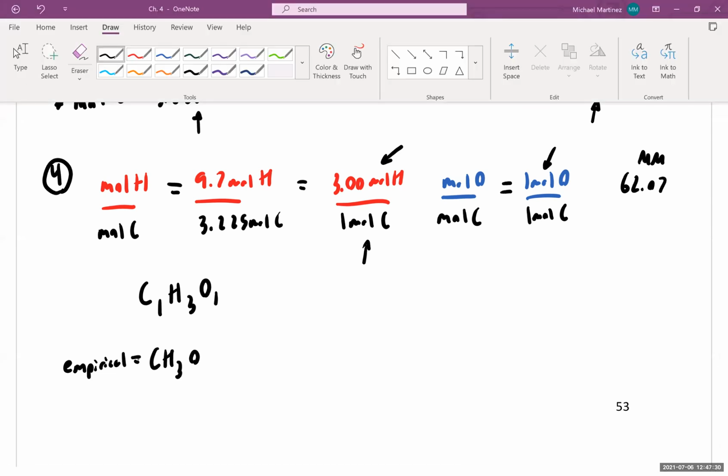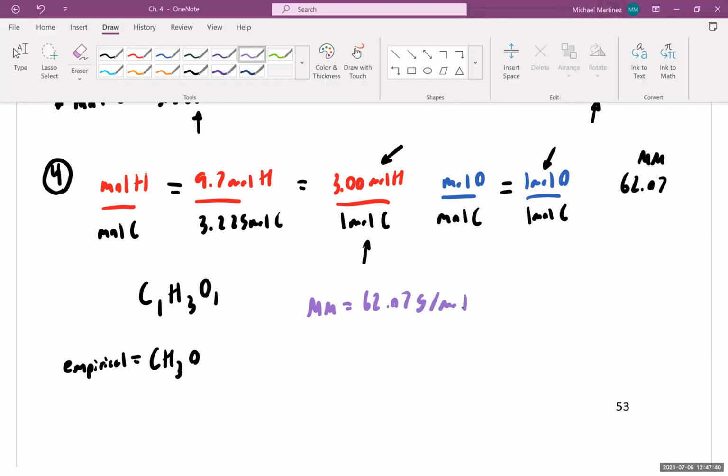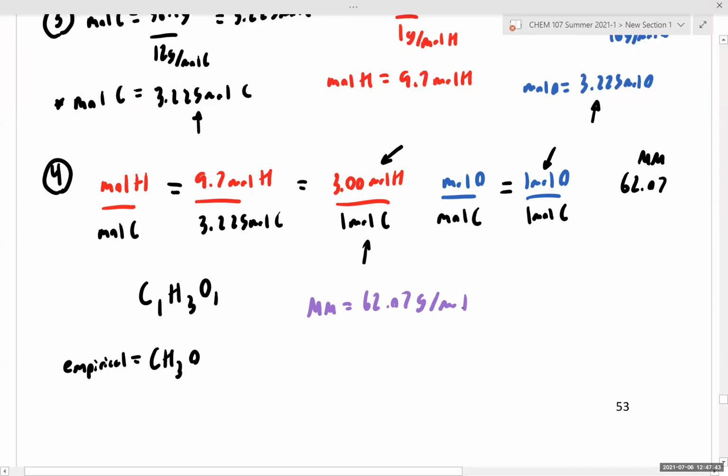Now that we have the molar mass and we know that our molar mass is 62.07 gram per mole, we have enough information to calculate our molecular formula. So what is the mass of this empirical formula unit? What is the mass of CH3O?